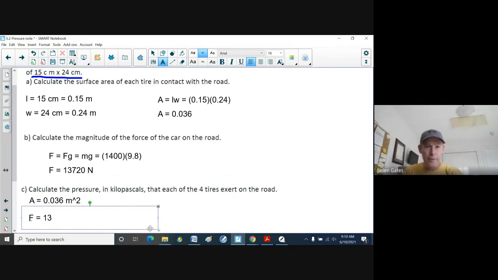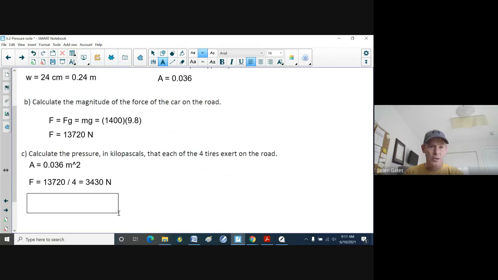And so I'm going to take the weight of the car and divide it by 4 because we're looking at each of the tires. Because, again, I believe the weight is distributed evenly over the 4 tires, roughly. So if I take 13,720 and divide it by 4, I get 3,430 newtons. That's because we've got 4 tires.